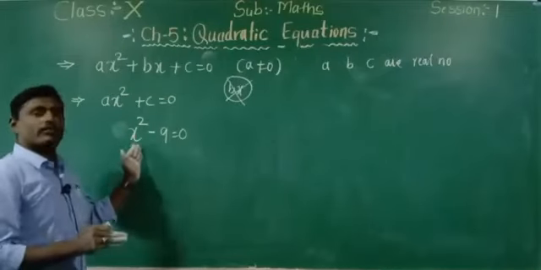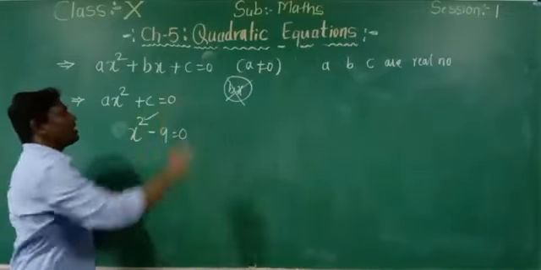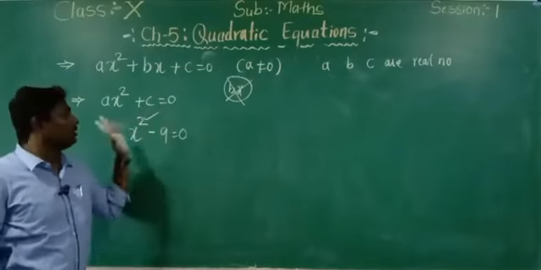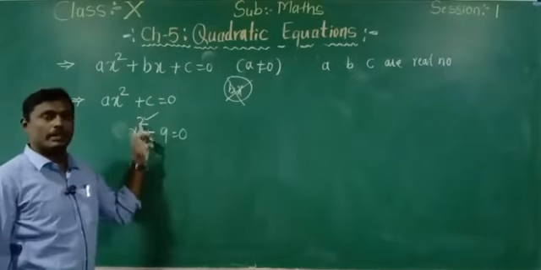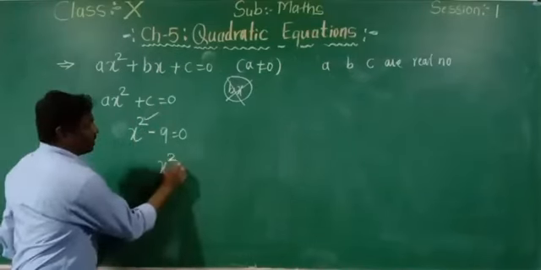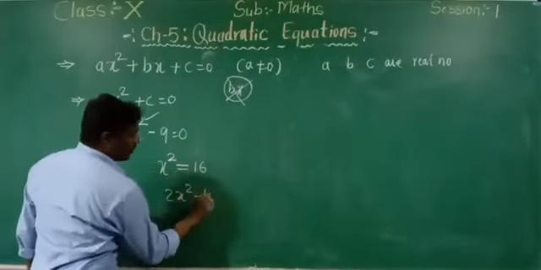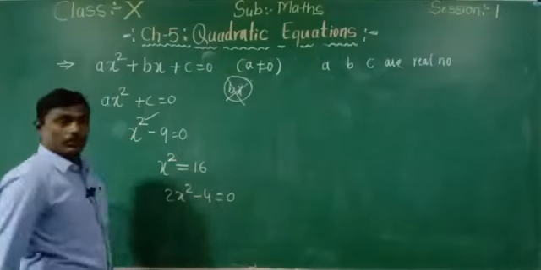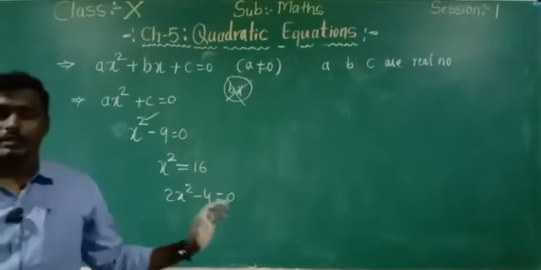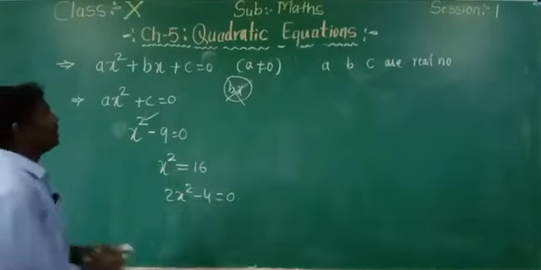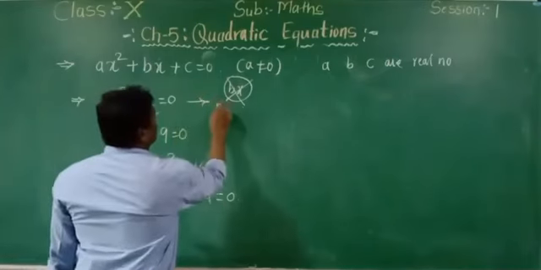Yes, it is a quadratic equation because the highest exponential power is 2, right? X square is equal to 16, 2x square minus 4 is equal to 0. So these are all some examples for the pure quadratic equation.